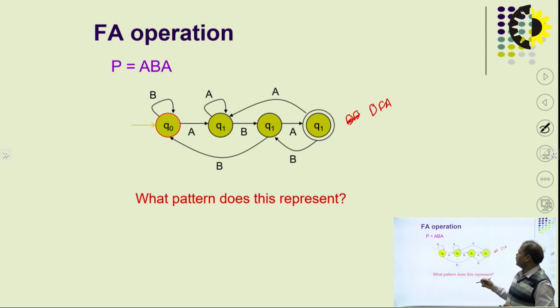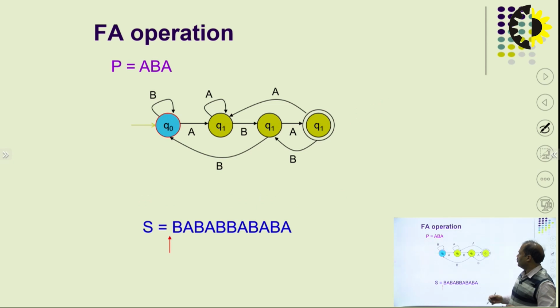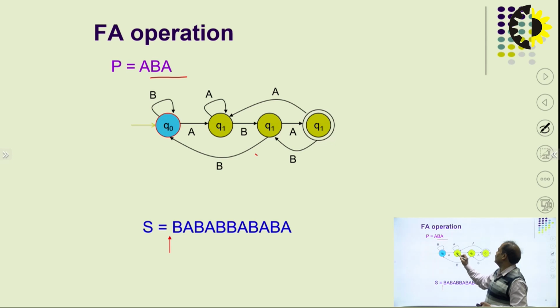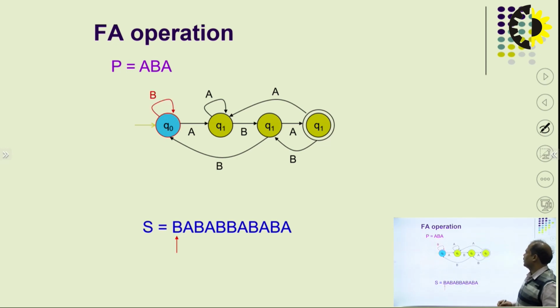Look at here, we have just designed an automata for ABA. Now consider this text string. We start from Q0, on B we are still at Q0, again on A we go to Q1, again on B we reach a new state.